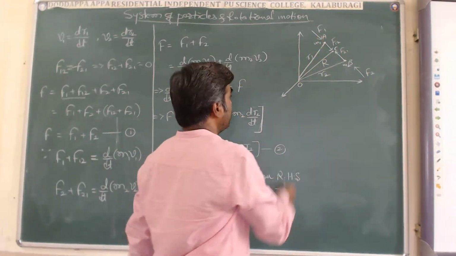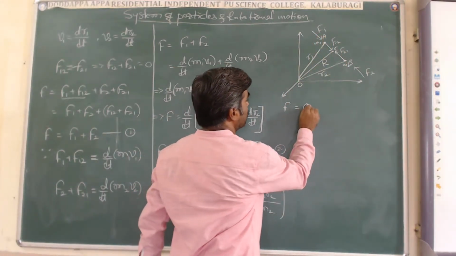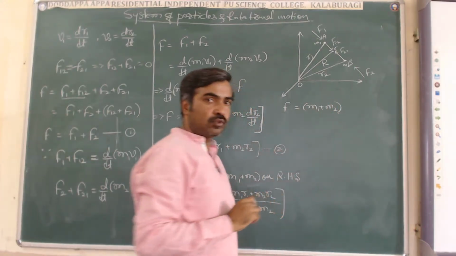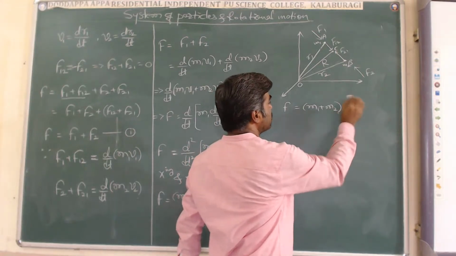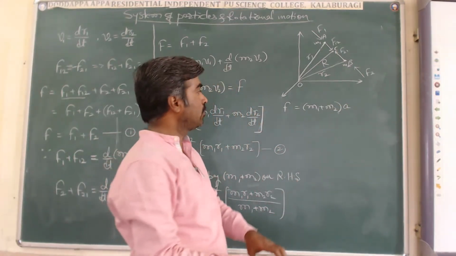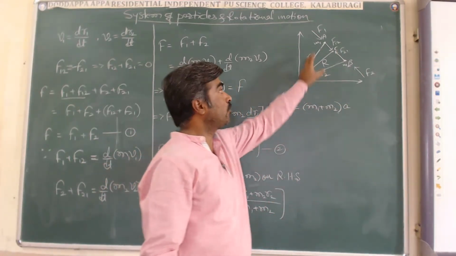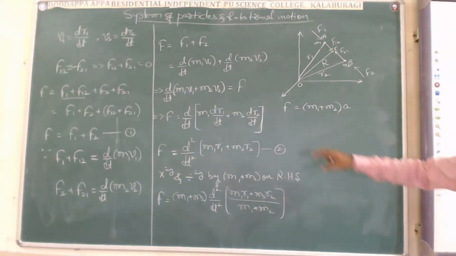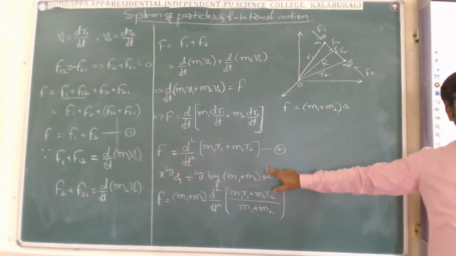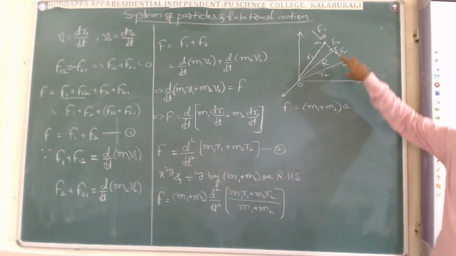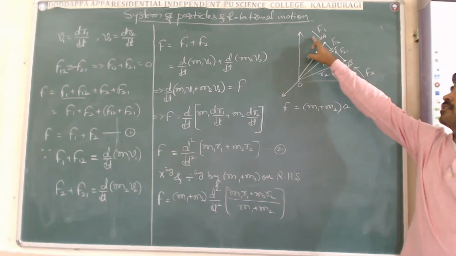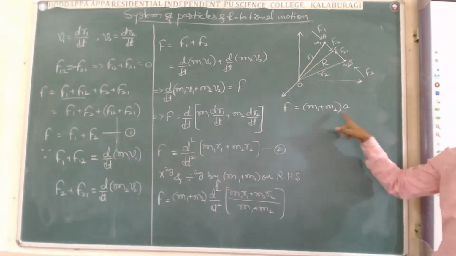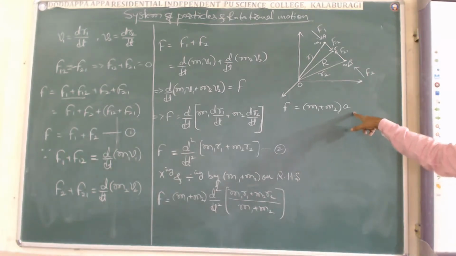So that is given by F equals m1 plus m2 into a, that is mass into acceleration, which is nothing but the force on these two particles. The next equation. Up to this, we have taken only two particles. Now we have considered these two particles together, and by the application of force there is an acceleration, so F equals mass into acceleration.